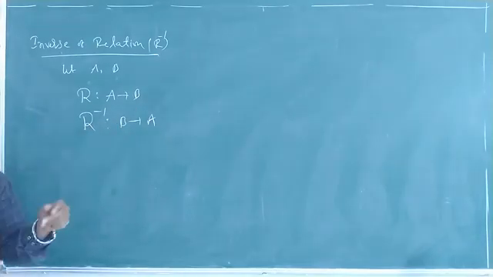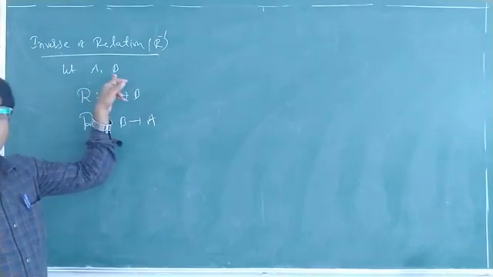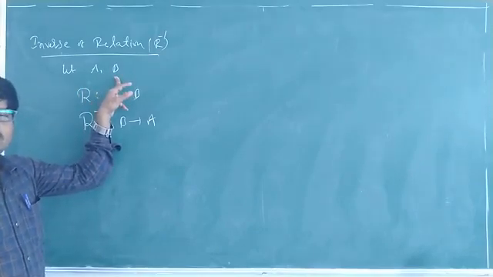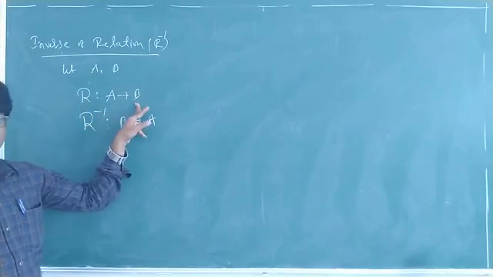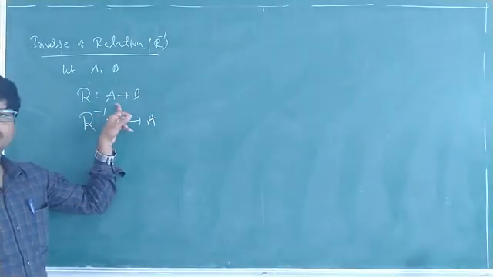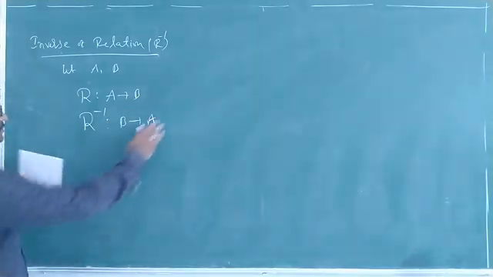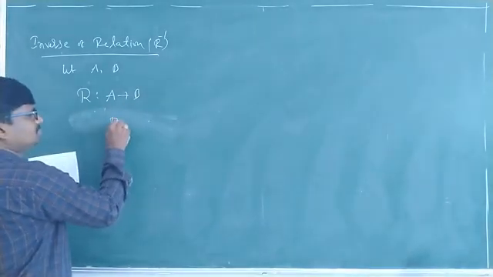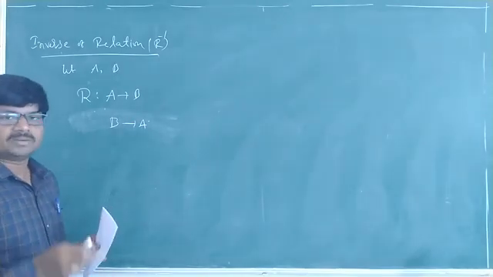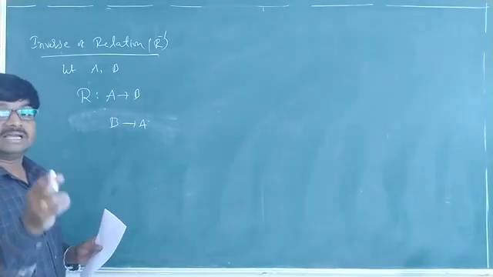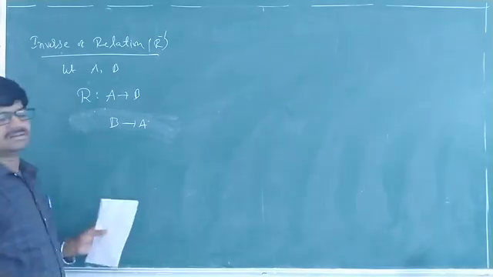Or else you can say it like this also. If A, B are any two non-empty sets and R is a relation from A to B, then a relation from B to A is called the inverse relation of the relation.